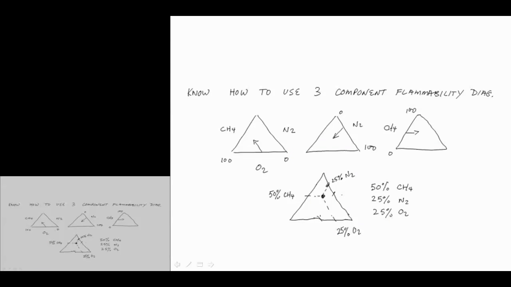So what I need you to do is I need you to know how to use this 3-component flammability diagram. As I said, the textbook that I often refer to is this Quintiere textbook, Fundamentals of Fire Phenomena. This is what I normally teach this class from.